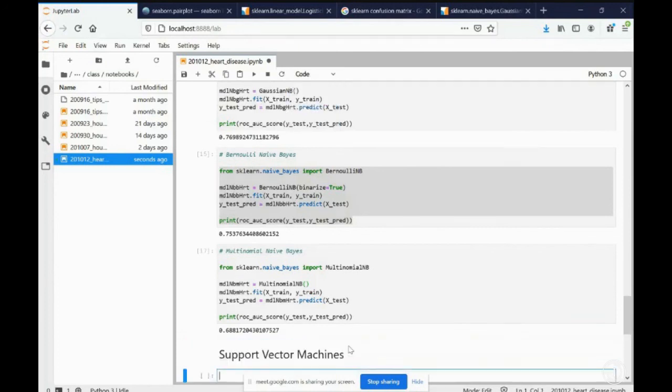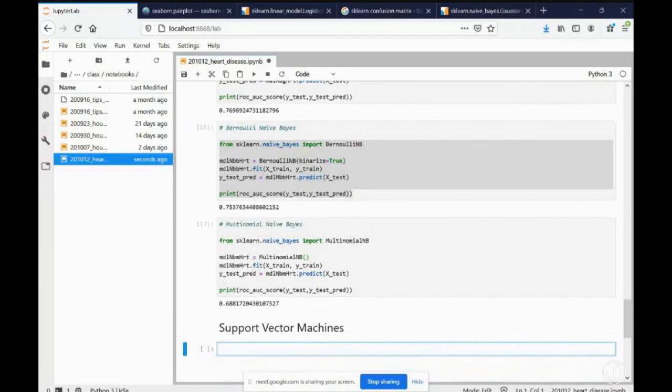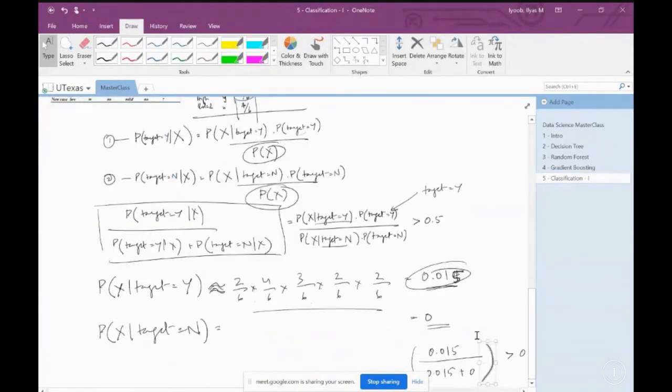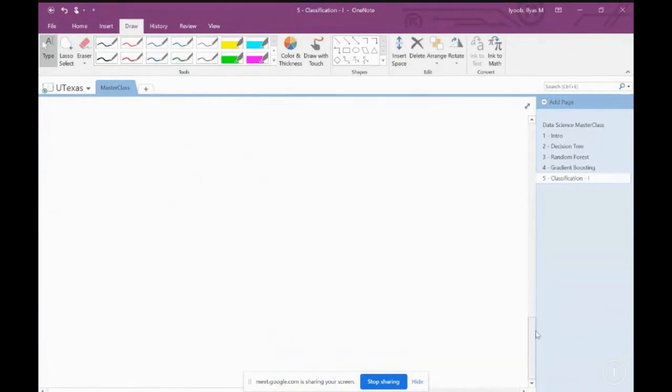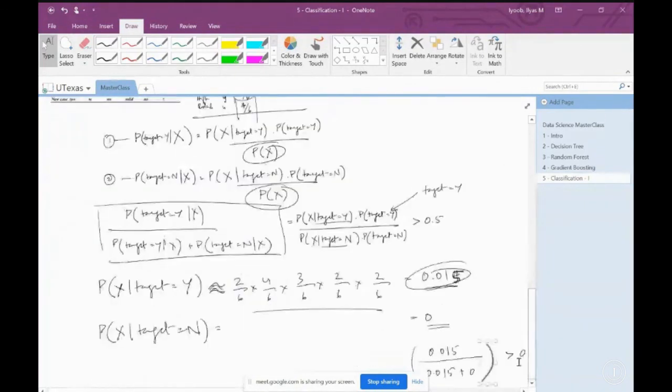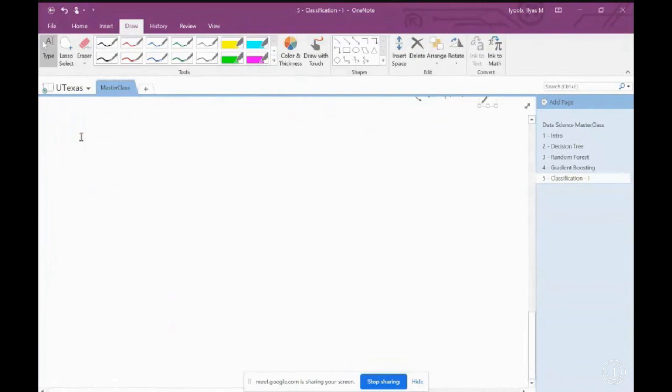But what makes it different? The question is what makes it different, right? So let's go here. When we're talking about support vector machines, first of all, why do we care?